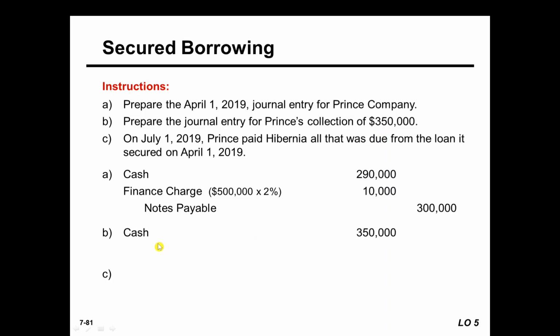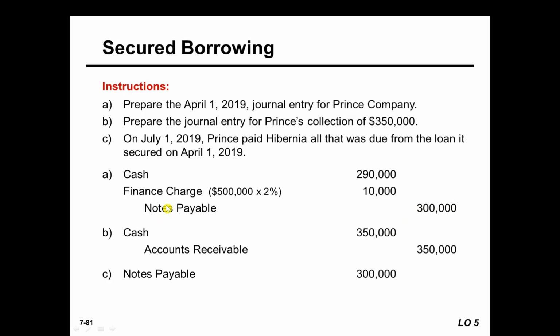Then for Prince's collection of 300,000, Prince collects 300,000 as cash and credits account receivable 300,000. And then Prince paid Hibernia all that was due on the loan. It's secured, so it debits the notes payable as much as 300,000 here.